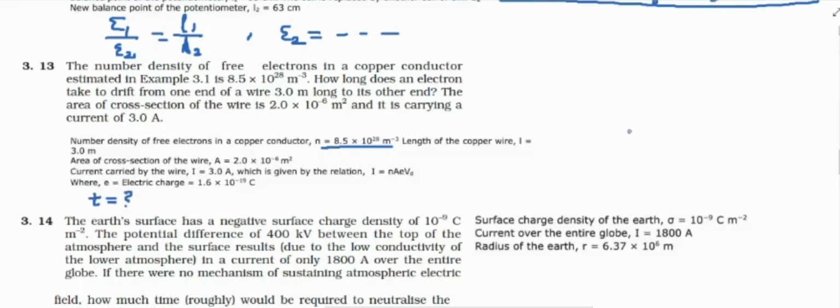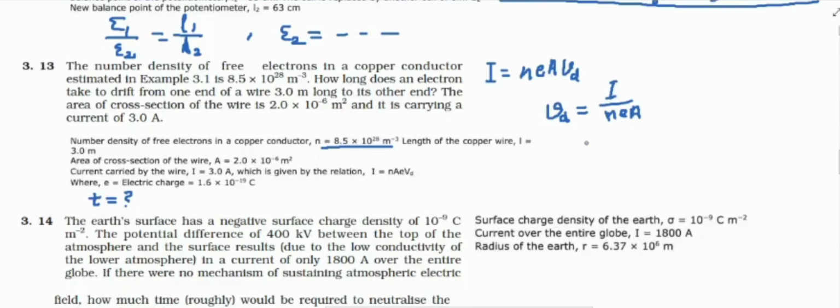How to calculate the time taken by the electron? So take the formula I is equal to nAeVd. Cross multiply the equation. Vd is equal to I divided by nAe.